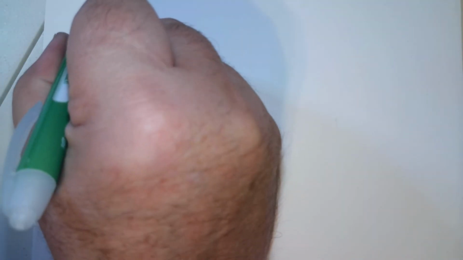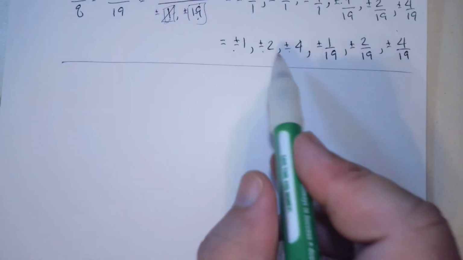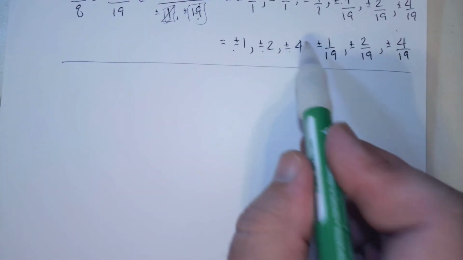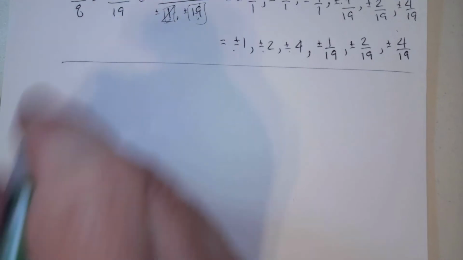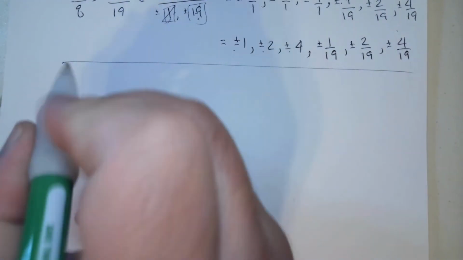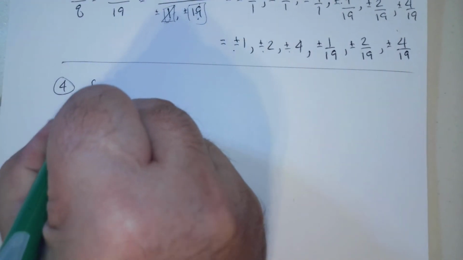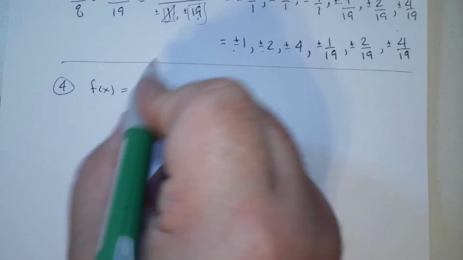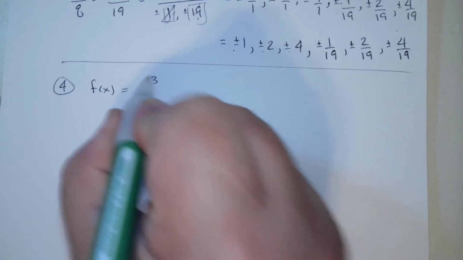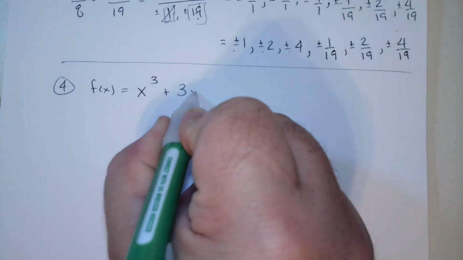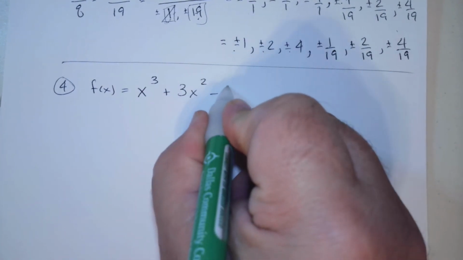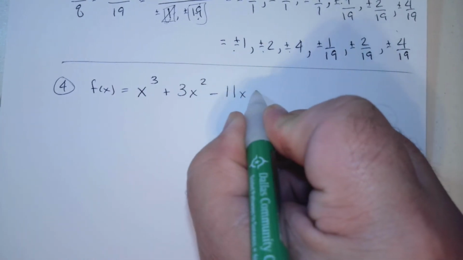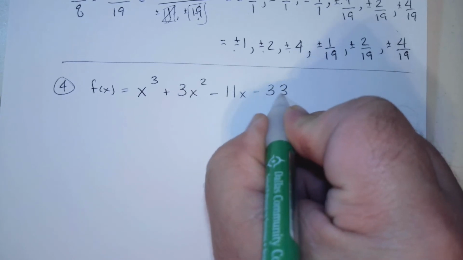So what that means is once we do the rational zeros, we have to test them. So our function is x cubed plus 3x squared minus 11x minus 33.